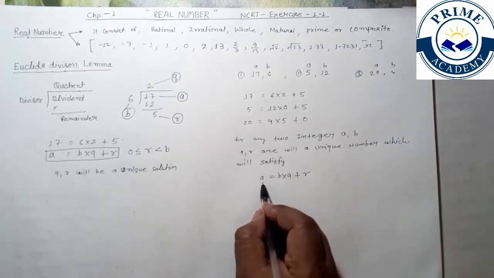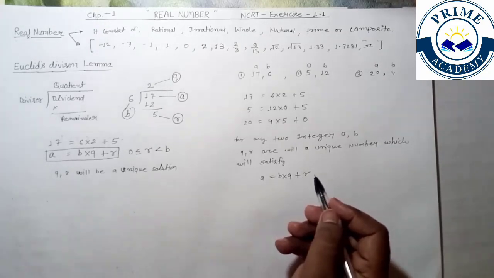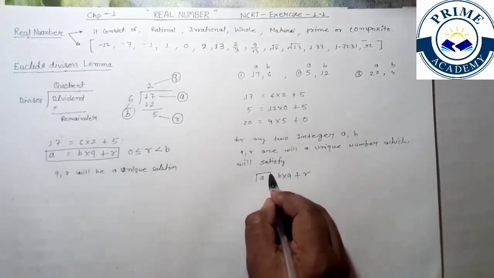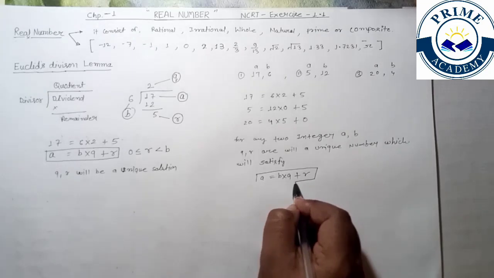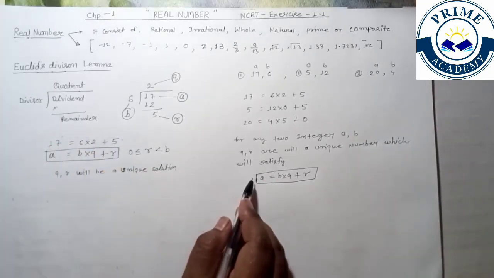If a and b are given, then q and r will be a unique solution to satisfy this equation. So this is called Euclid's division lemma.